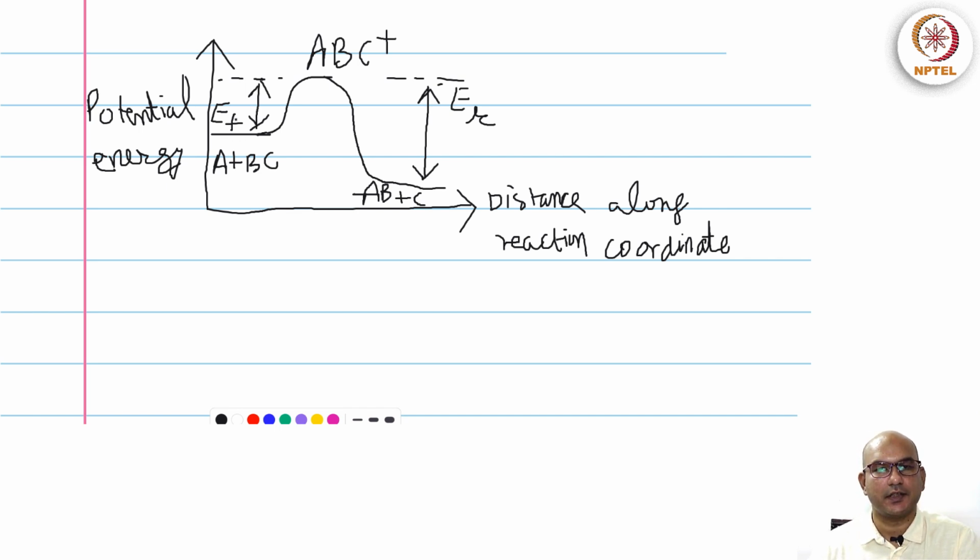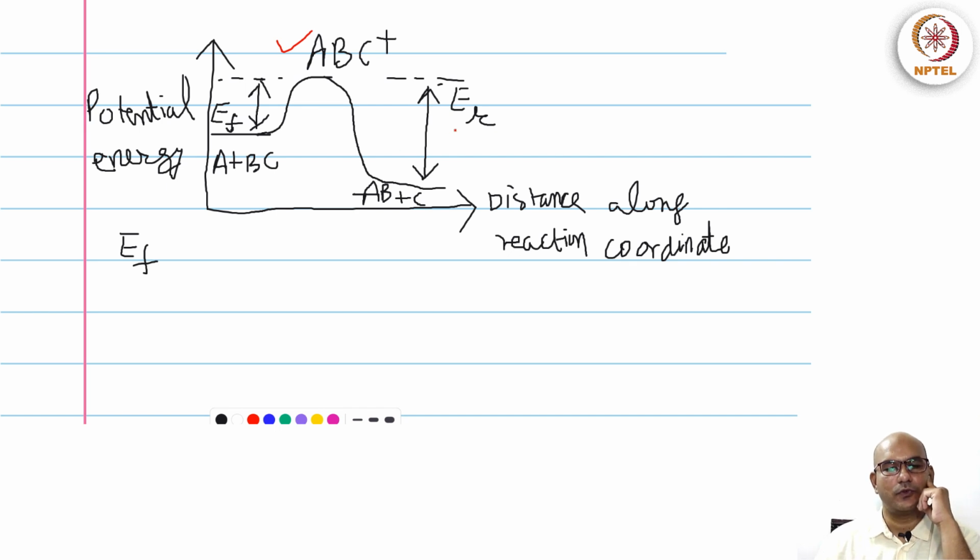So the activation energy for the forward reaction is EF. To make the reaction from A plus BC to AB plus C, I must provide an activation energy of EF to form this transient excited state.